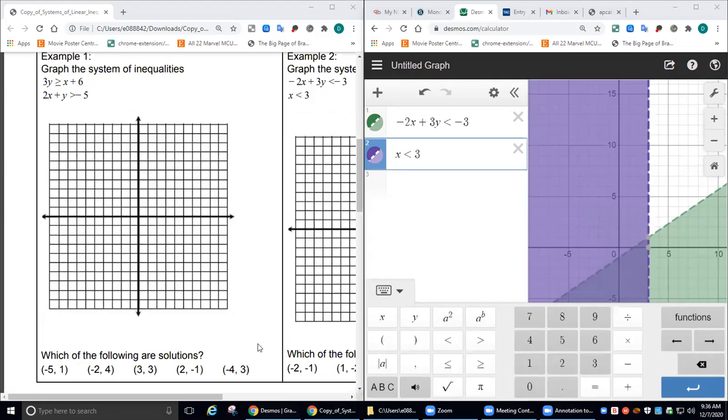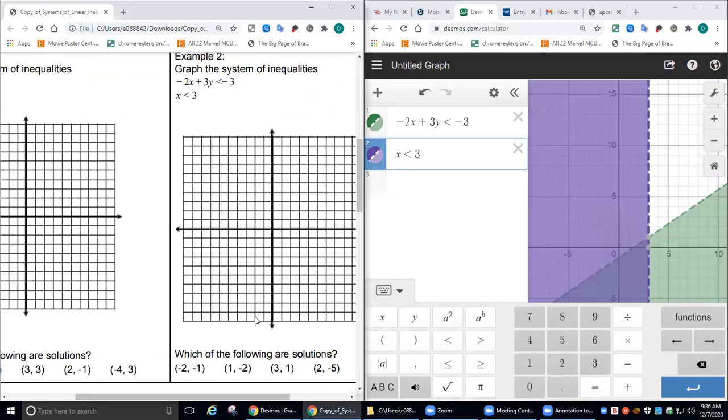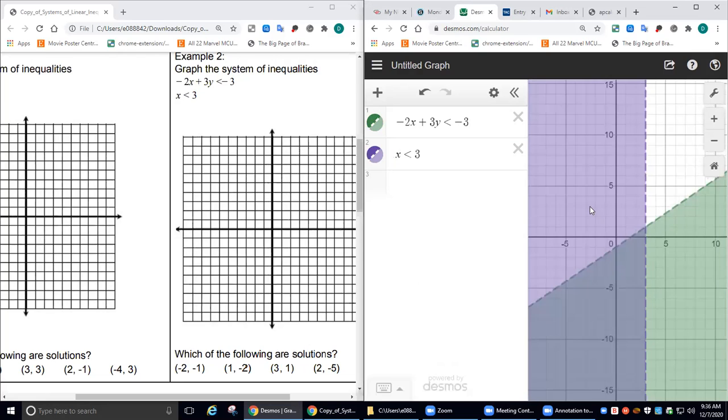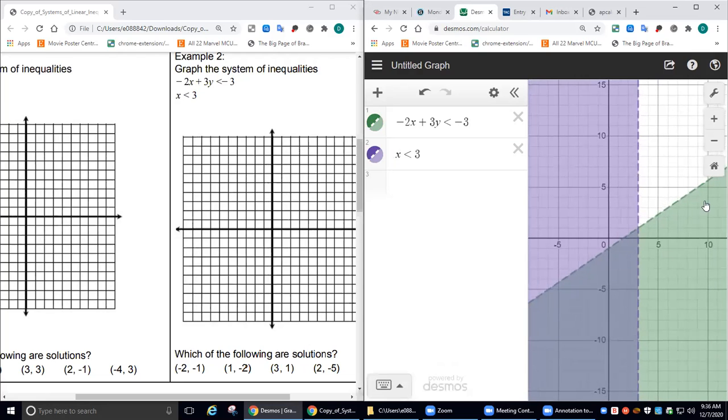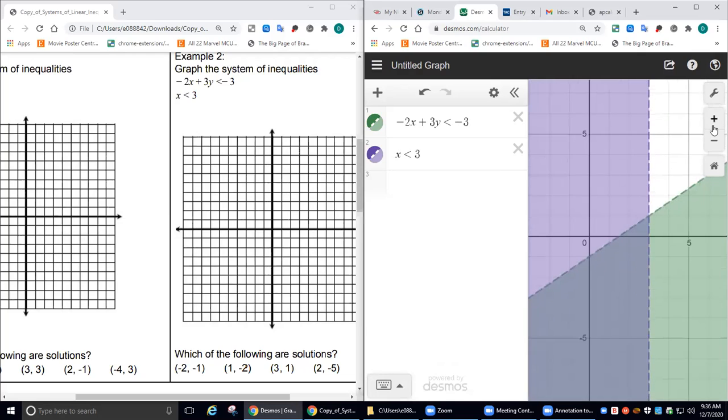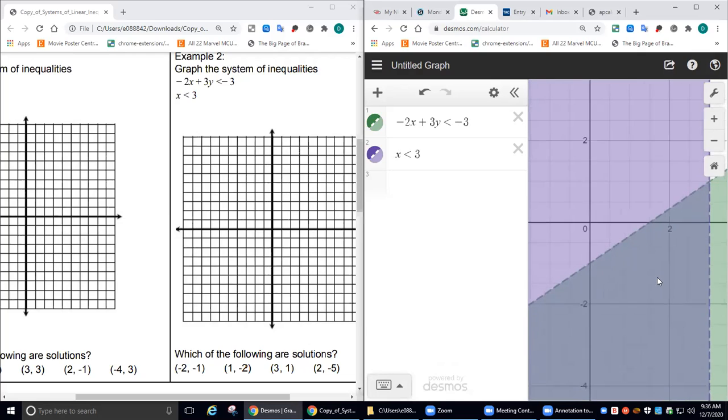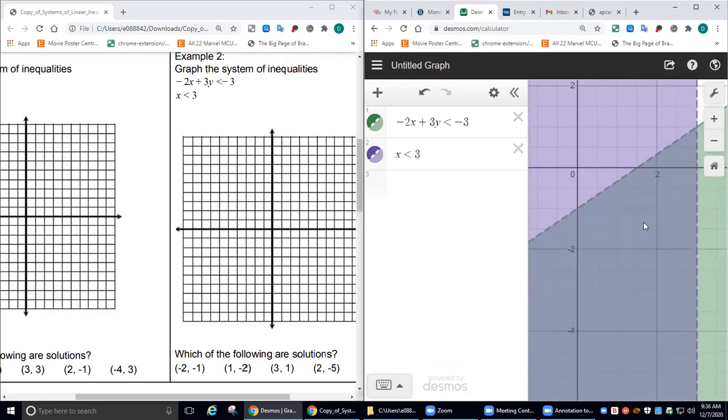Now, notice where the two lines meet up. They meet up right here. So the two shaded regions are right here. That's what I'm looking at. So again, I'm not going to touch the dashed line, guys. Watch.